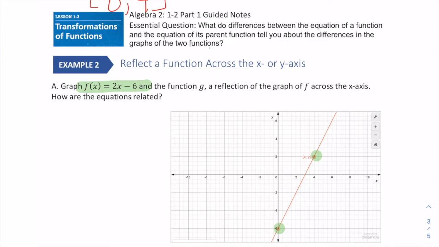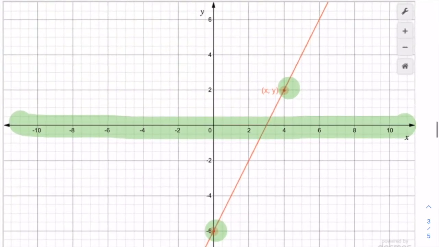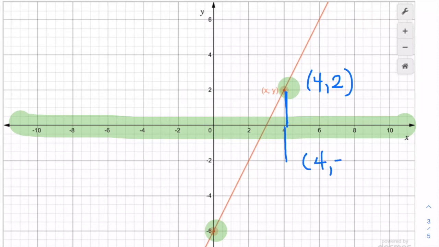So if I want to reflect this graph on the x-axis to form g of x, I'm going to use this x-axis as a mirror. So every point is going to be reflected on that axis. So I'm going to give this point the coordinate 4, 2. And if it was reflected on the x-axis, the new point would be 4, negative 2.